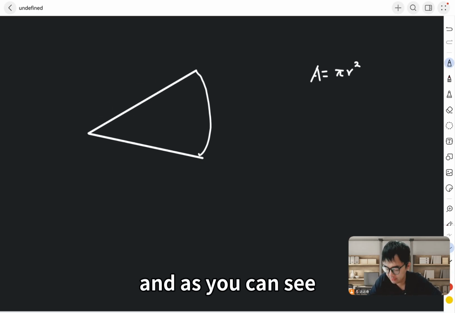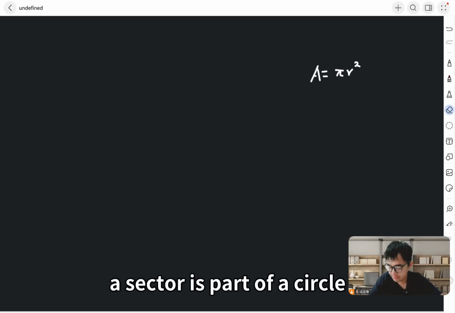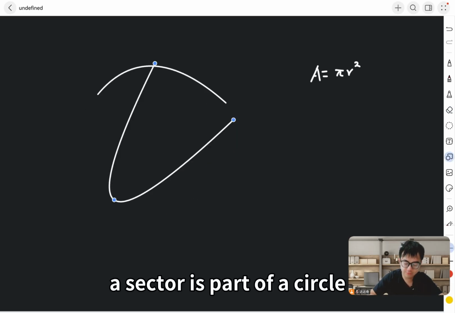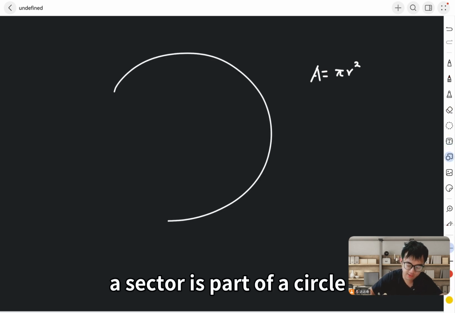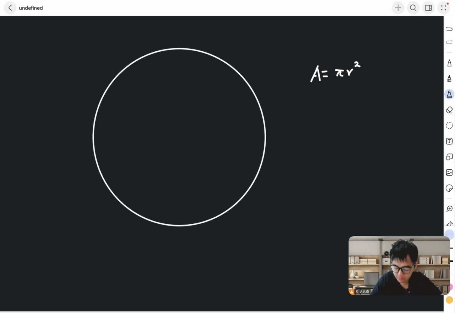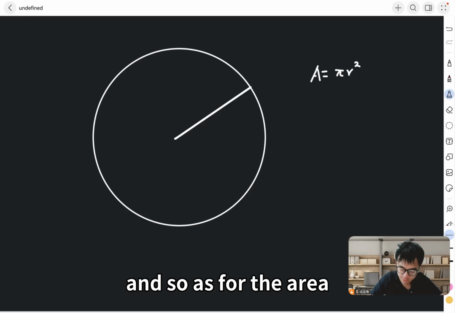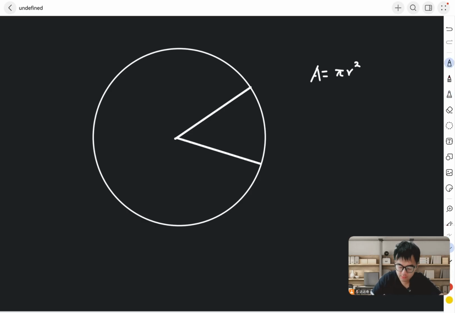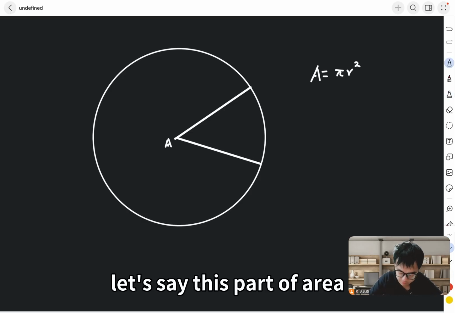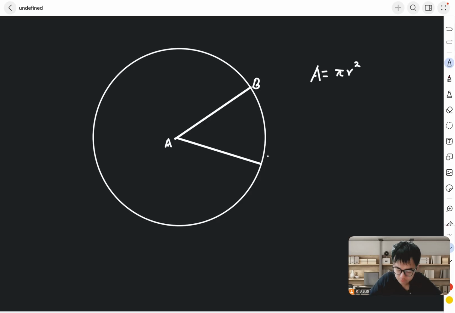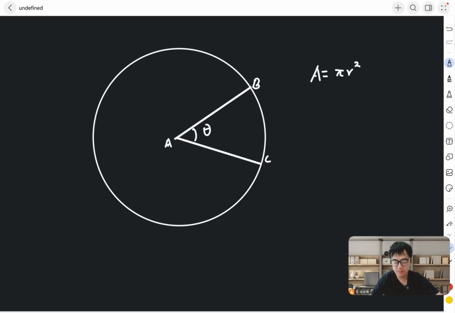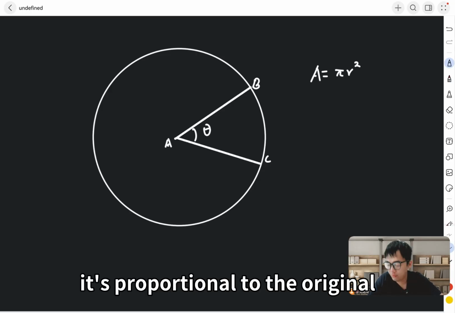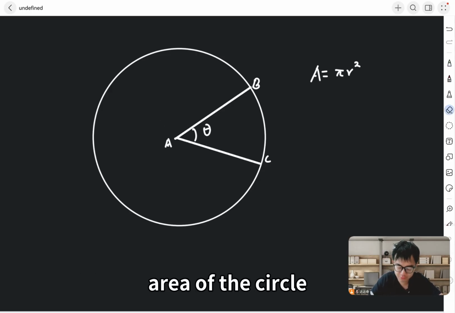As you can see, a sector is part of a circle. As for the area, let's say this part of the area corresponds to the angle theta in radians. It's proportional to the original area of the circle.